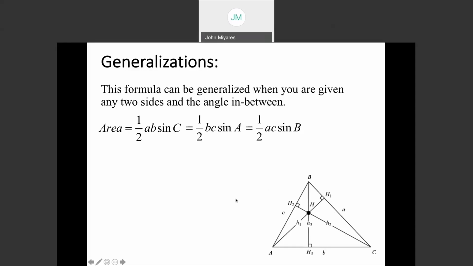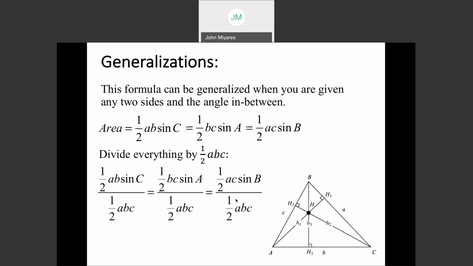Now, here's where the magic begins. One thing that someone discovered is that if you divide everything here by 1/2 A, B, and C, what you're going to see happen in the first case, the A and the B and the 1/2 are going to cancel, leaving you with sine of C over C. In the second expression, the 1/2, the B, and the C are going to cancel, leaving you with sine of A over A. And in the third term, the 1/2, the A, and the C cancel out to give you the sine of angle B over little b.